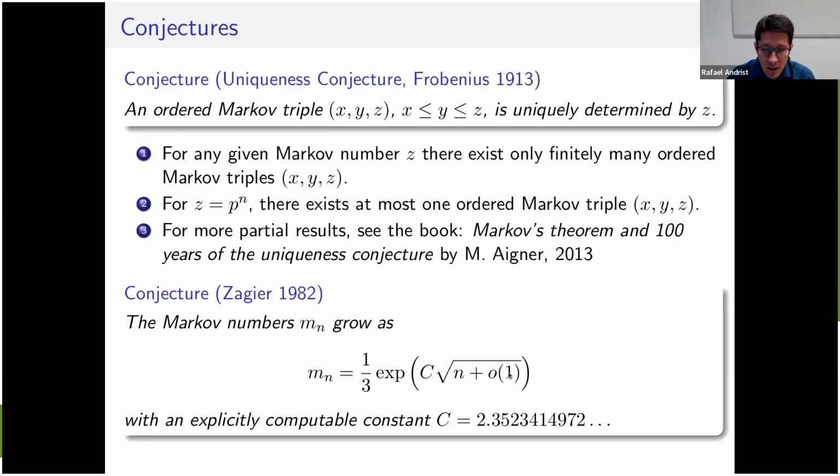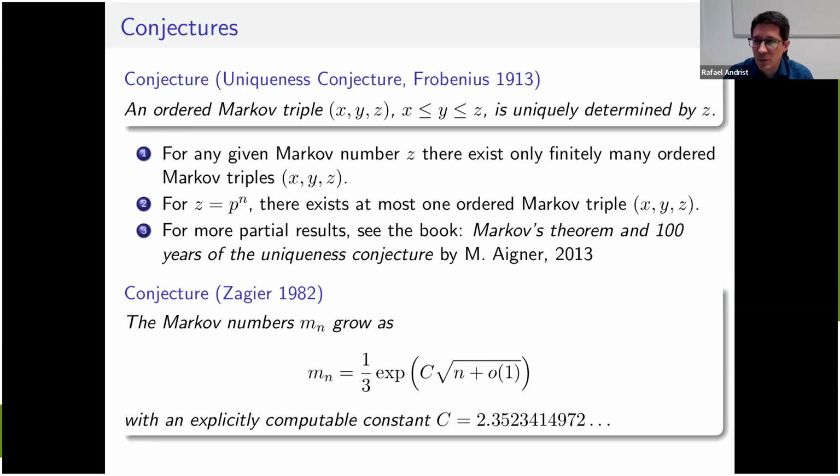And he actually proved a weaker version of this, where he had some bigger growth than the small o of 1. So for small o of 1, it's just conjectured as far as I know. But in any case, even if you allow slightly bigger bounds here, then it's actually known that the growth looks like this.